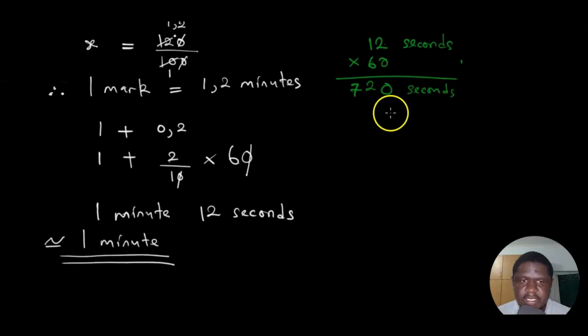And if we convert these to minutes, with this simple calculation of dividing by 60, we are getting 12 minutes. So 12 seconds only make sense when we have accumulated many minutes. But let us work with the rough approximation that every mark should be answered in a minute.